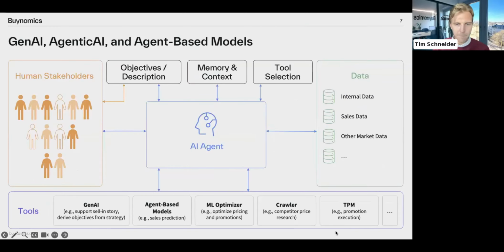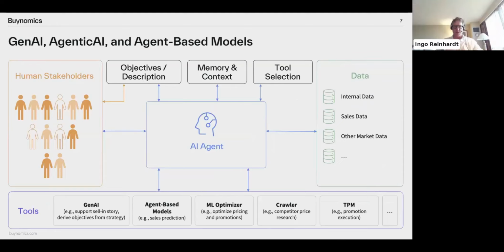All right. So I think this is more like, I would say, a vision. I have not seen any company being there all the way, but I think the understanding of this AI agent is essentially something like this here, where you have human stakeholders, which is the RGM team. It's also the top management and other participants in the organization on the one hand.